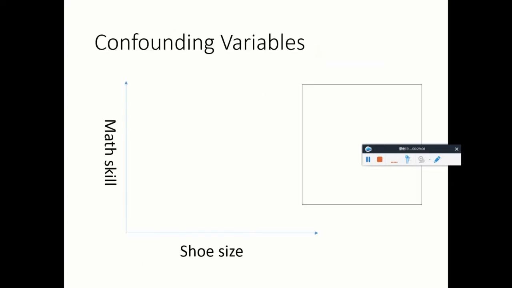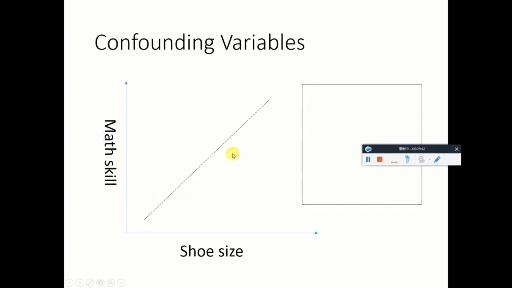So let's look at some examples. Some very famous examples that involve confounds. It turns out that, for example, there is a very strong correlation between a person's shoe size and that person's math skill, how good the person is at solving mathematical problems.